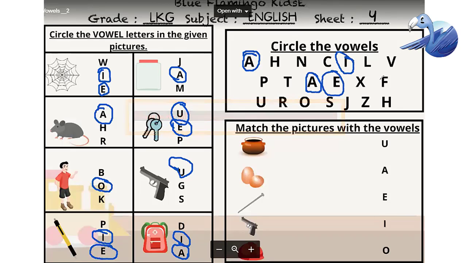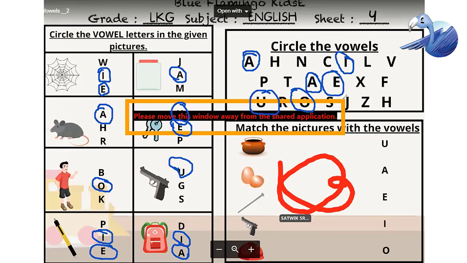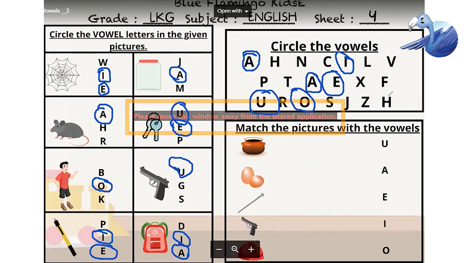No. U? Yes, we have to circle U. R? No. O? Yes, O. We have to circle O. S? No. J? No. Z? No. H? No. Okay. Only vowel letters, students.